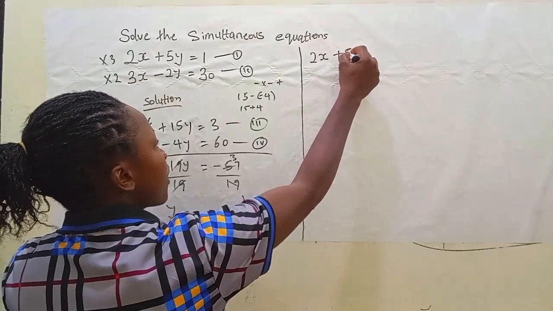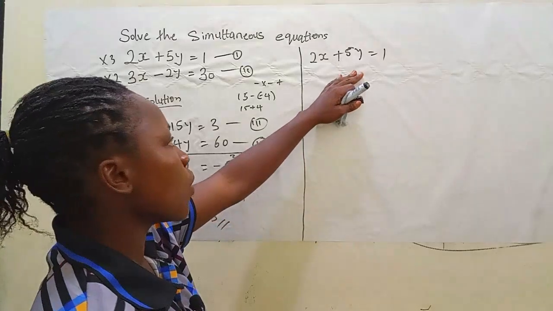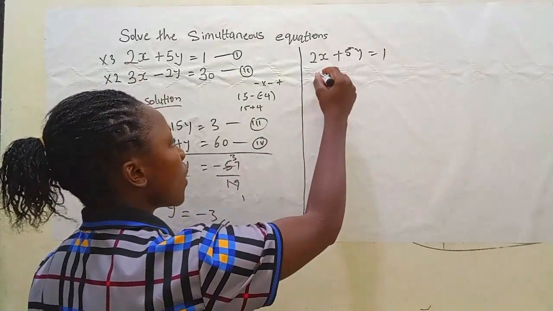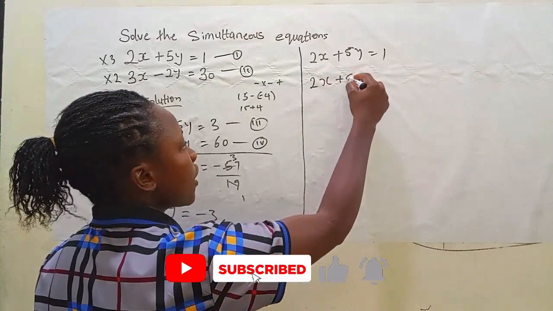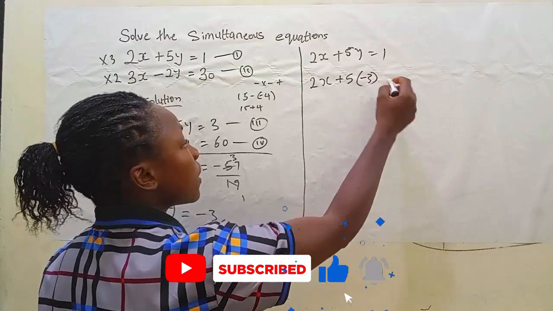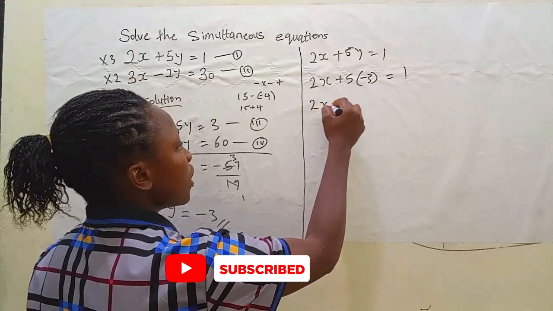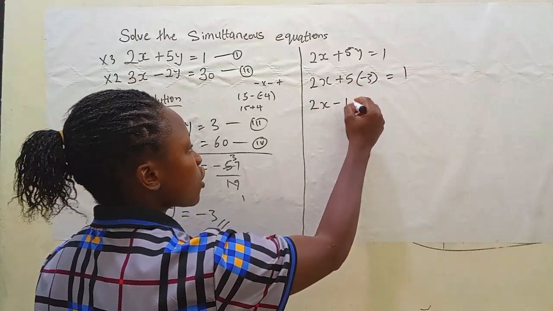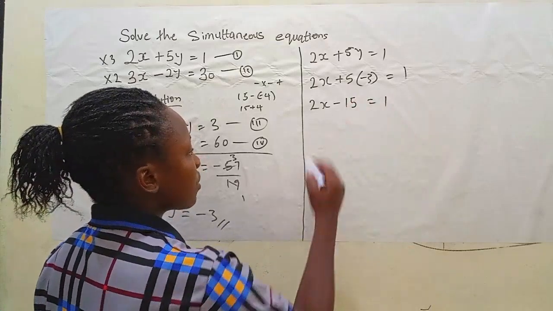We have 2x plus 5y equals to 1. This is our equation 1. So let's substitute for y. We're having 2x plus 5, our y is minus 3, equals to 1. 2x, this times this is minus 15 equals to 1. Right?